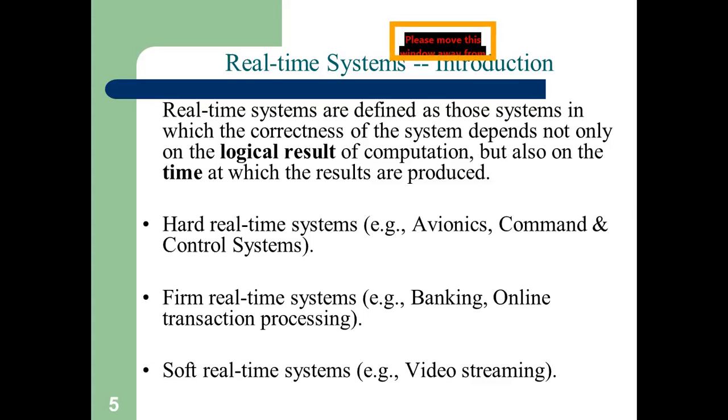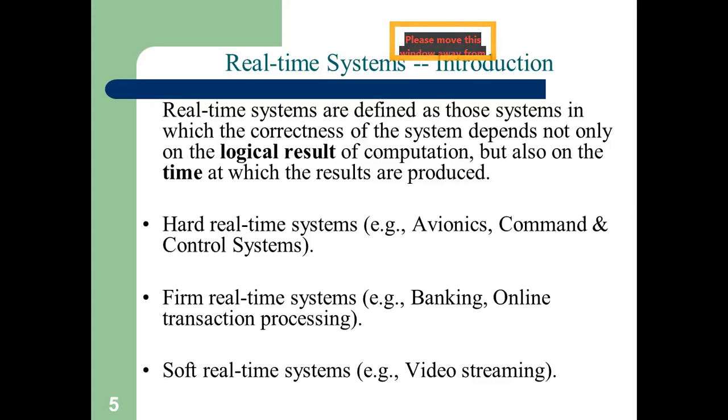Time is the major role player. In how much time will we finish our task, and after how much time will we get the response back, the time at which the results are produced.